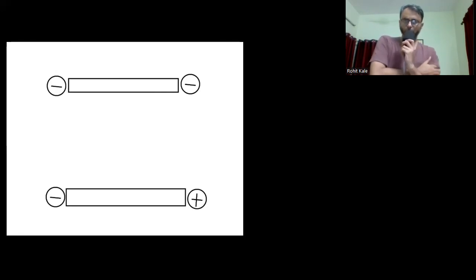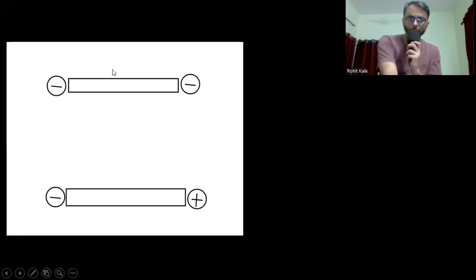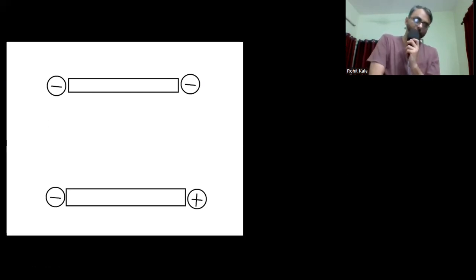Maybe we can imagine this corridor as a very thin line going from here to here. And what is the shape of this corridor? We don't know. It could be straight, cylindrical, or it could be like that. We don't know yet.